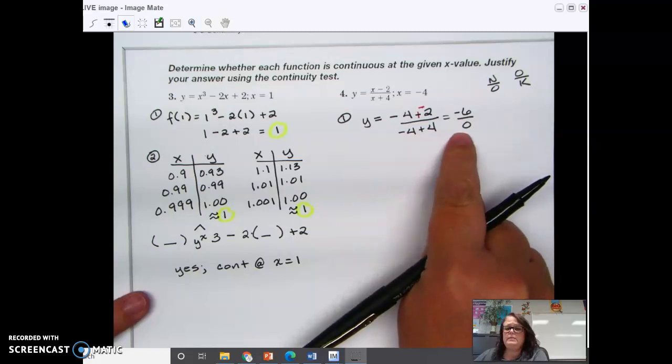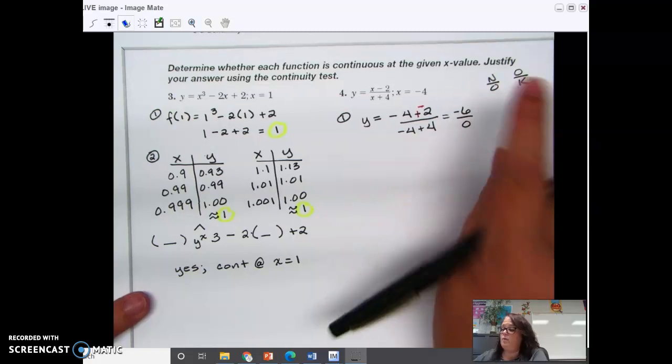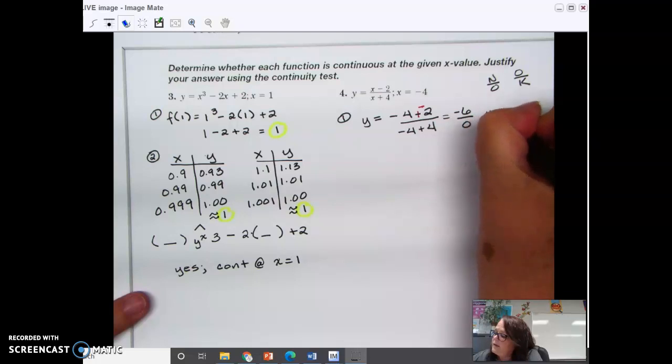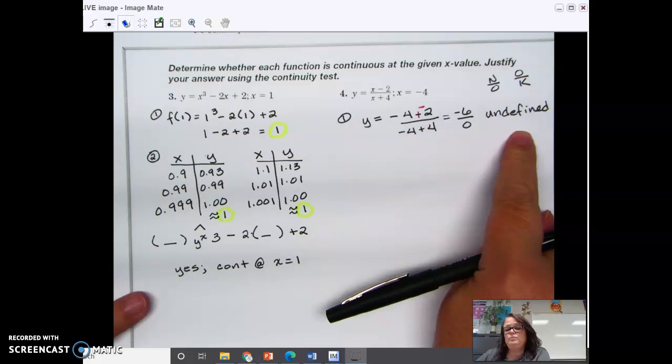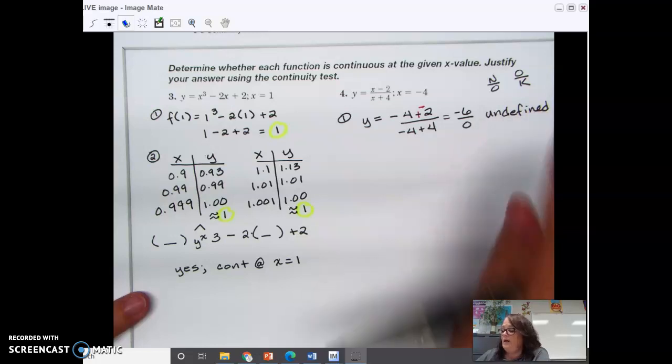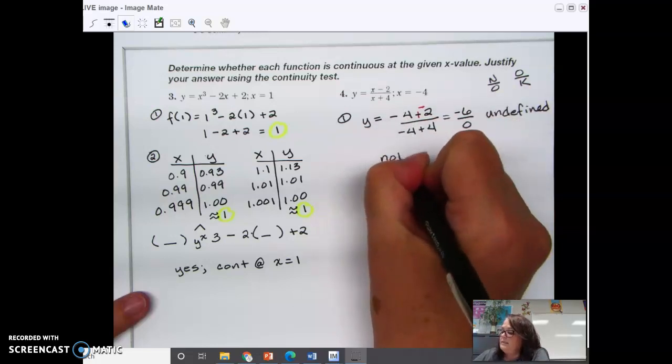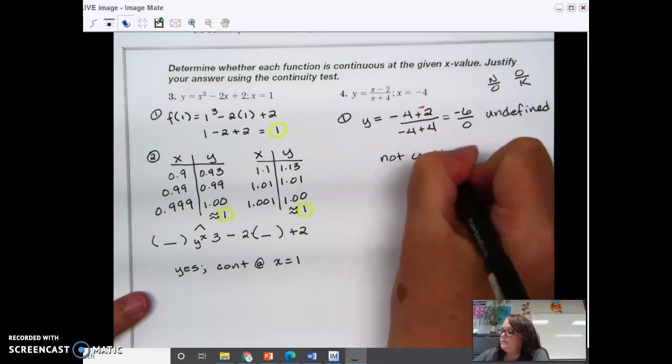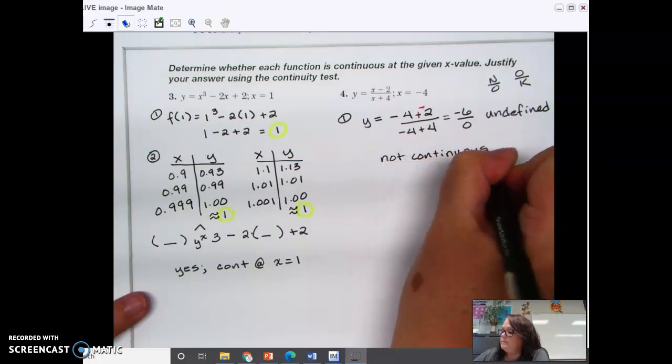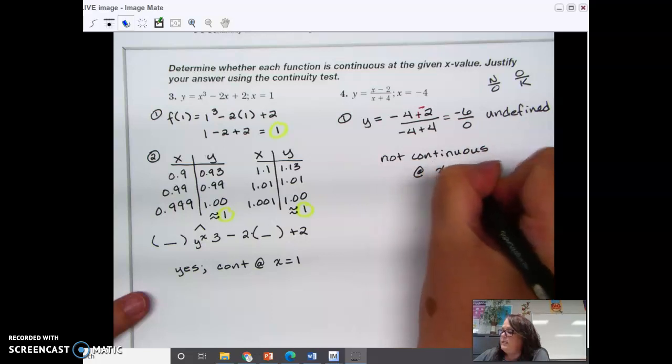In this case, because the 0 is in the denominator, that's a no. What that means is it's undefined. And it's said in the continuity rule that if it's undefined, then that means that it's not continuous at x is equal to -4.